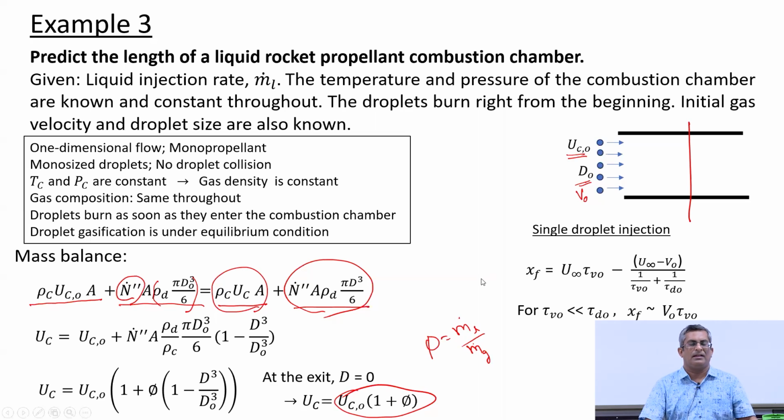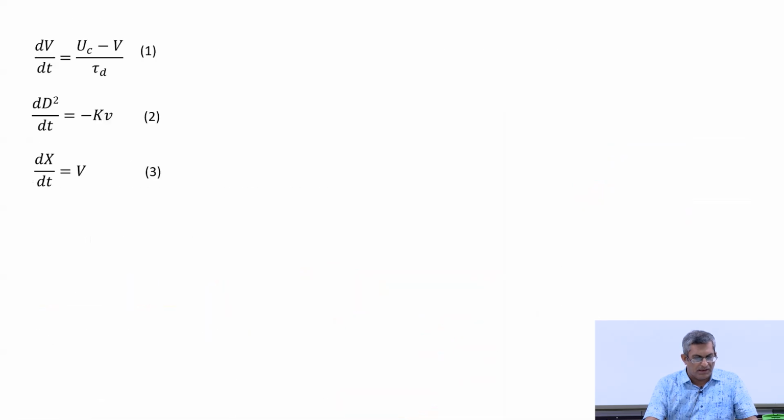So basically here what you are given is this U_C0, that is the initial velocity of the gas, the mass loading ratio, and the initial size and velocity of the droplets. So you have to now predict the length of the combustion chamber. So for this purpose, again we consider the transport equations of a single particle, but we have a system of particles.